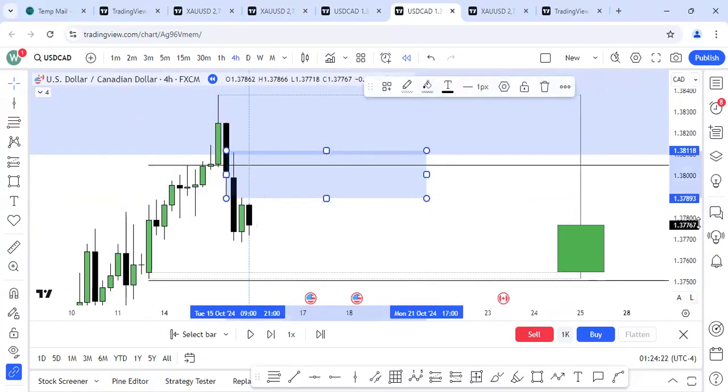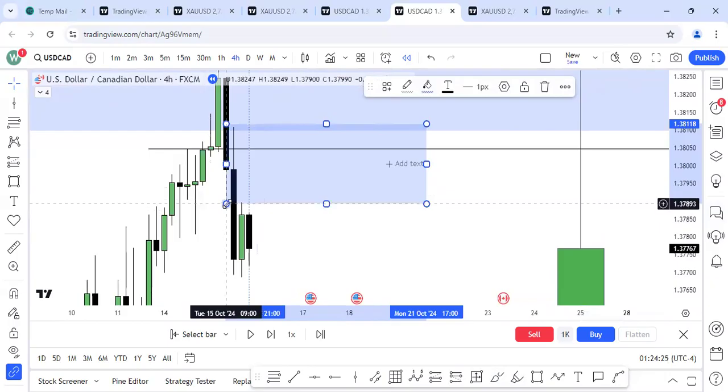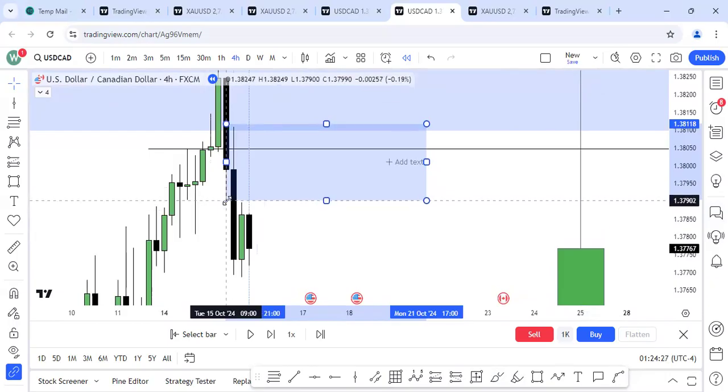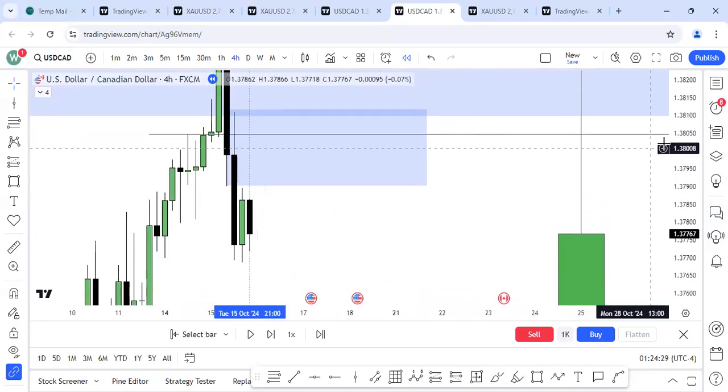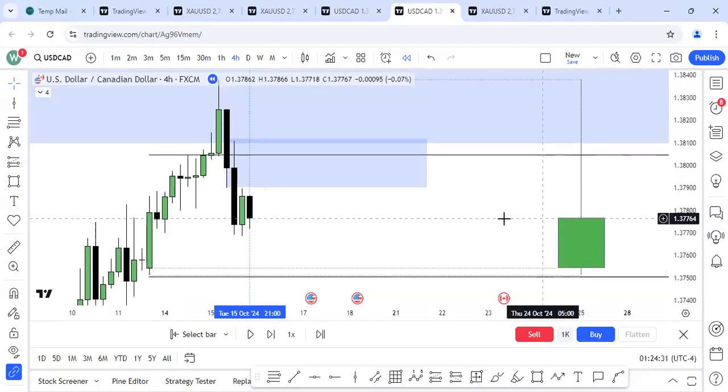Let's mark it very well so you can see. This was the volume imbalance.